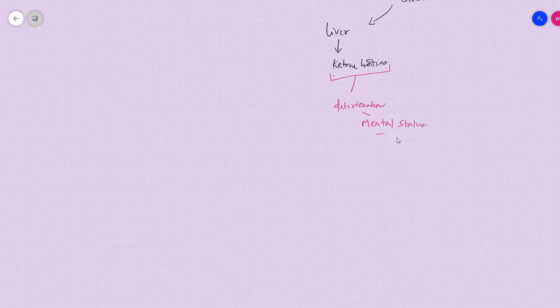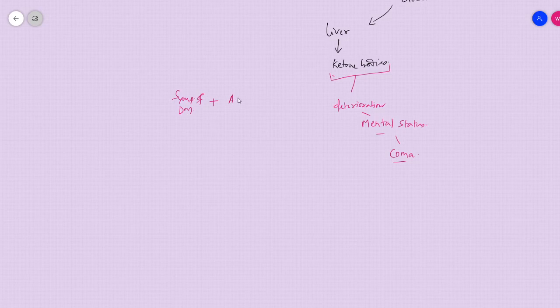The patient may progress to coma. Cognitive ability can decrease, and the patient can go into coma. So the symptoms would be the symptoms of diabetes mellitus plus certain symptoms associated with ketone bodies.